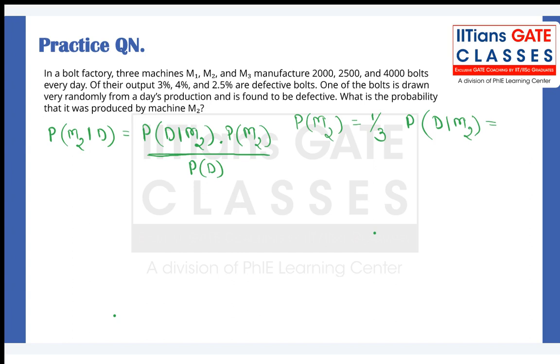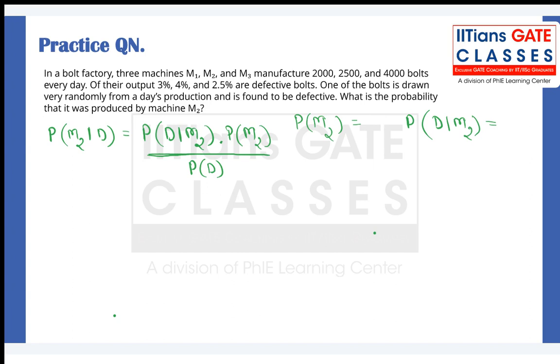Another way to look at this is there are 2500 bolts, 4% of them are defective. So it is like 100 bolts are defective. Okay, so there is a small mistake in this question. The answer will be a bit different because, no, sorry, the question is correct. My answer was wrong. So the probability that it is from machine 2.